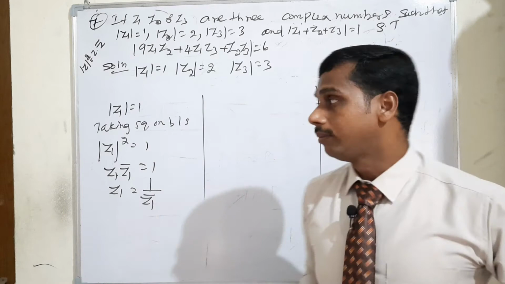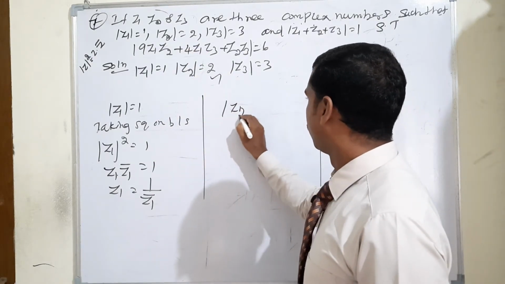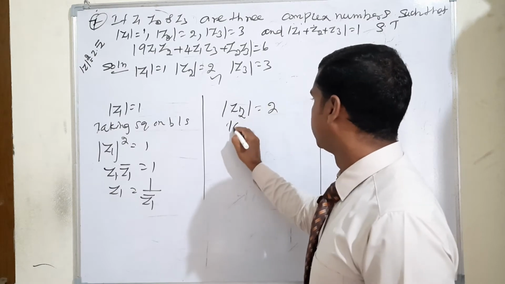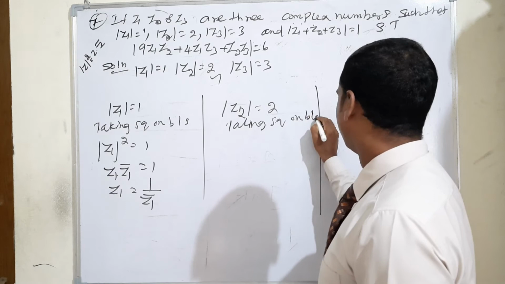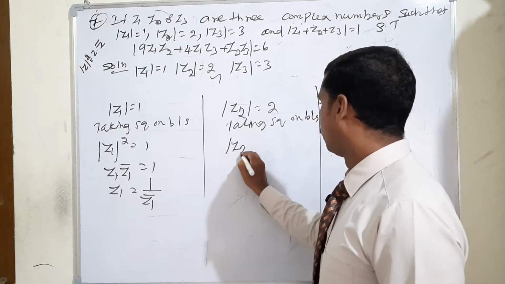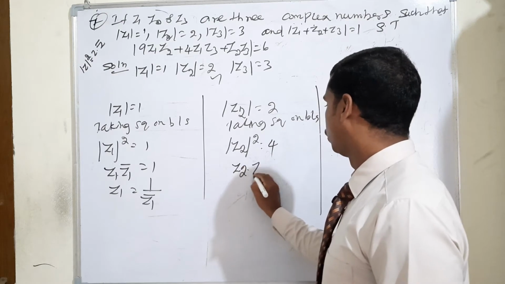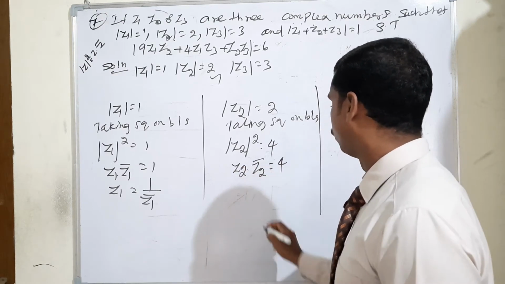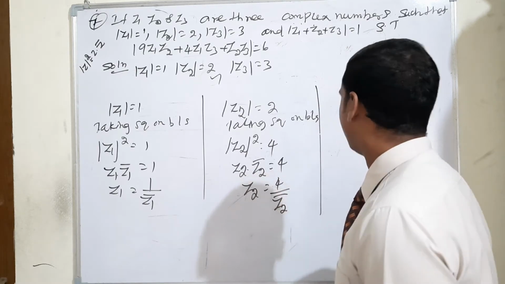Then second condition, modulus of Z2 is equal to 2. Again taking square on both sides, modulus of Z2 square is equal to 4. Therefore Z2 into Z2 bar is equal to 4, which means Z2 is equal to 4 by Z2 bar.